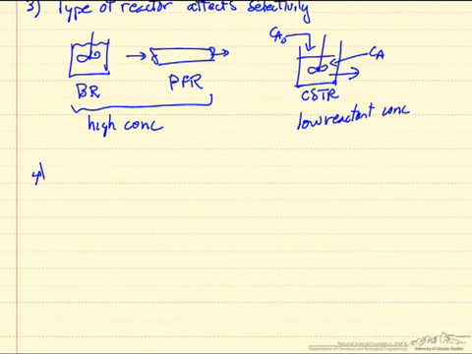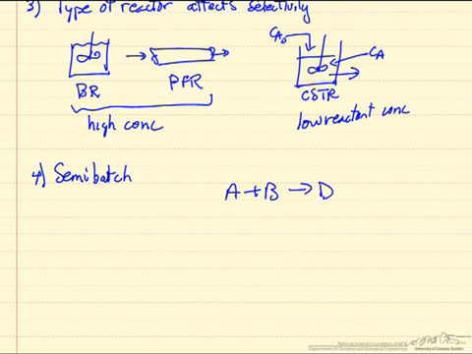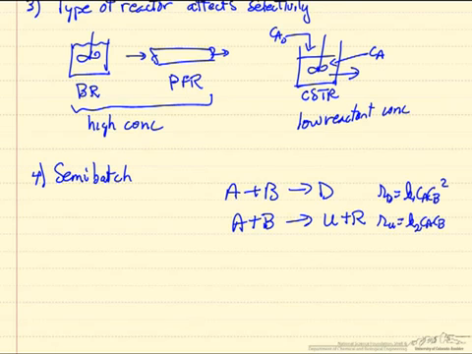There is one type of reactor that allows us the potential to control selectivity by how we run it. So if we have, for example, two reactions where A plus B can react to form desired versus undesired products, and let's suppose that the undesired reaction is first order in A and first order in B, whereas the desired reaction is first order in A, but second order in B. So this means we're going to favor this reaction, have higher selectivity, if we can keep the concentration of B high.